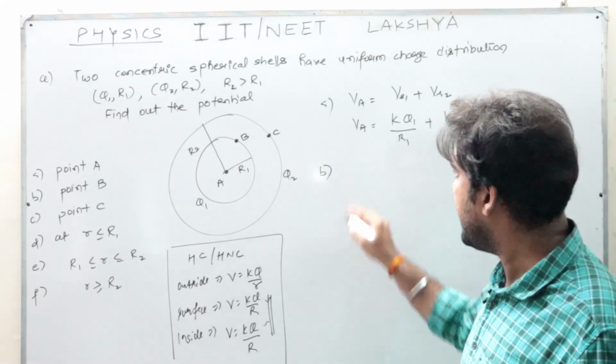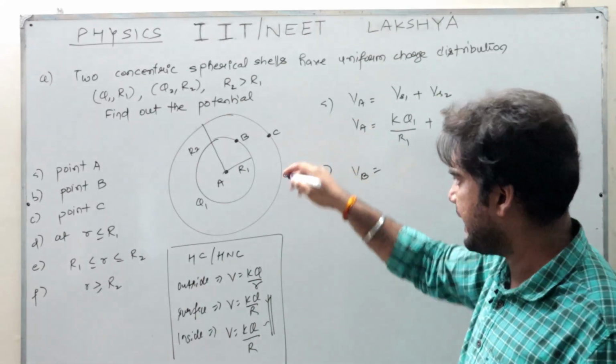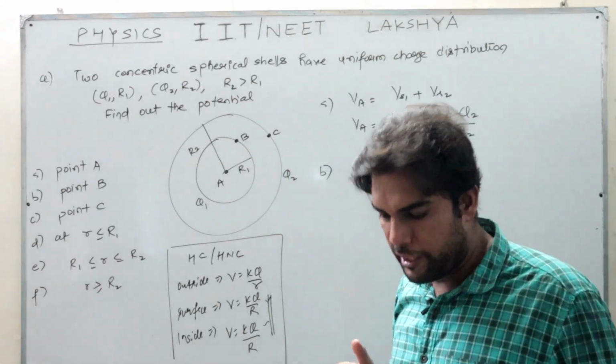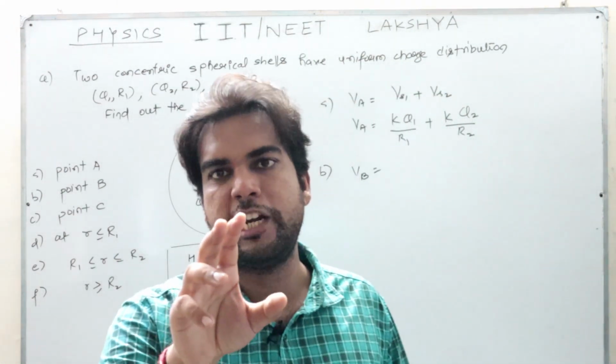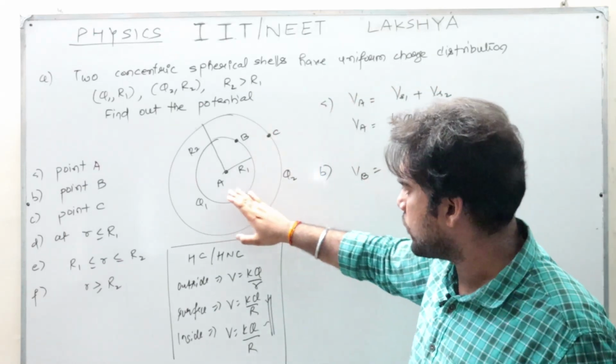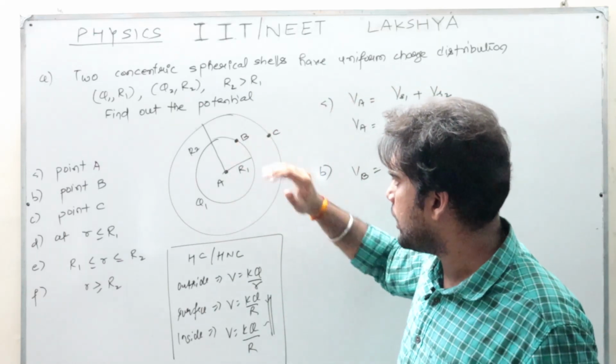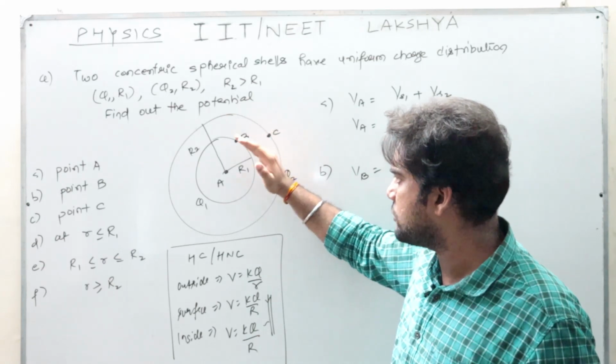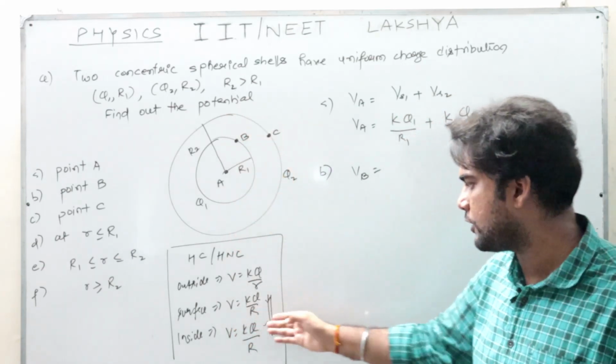B. Potential at point B. Point B is acting as a surface point for sphere 1 and an inside point for sphere 2. For the surface point, what is the formula? Same, kq by r.